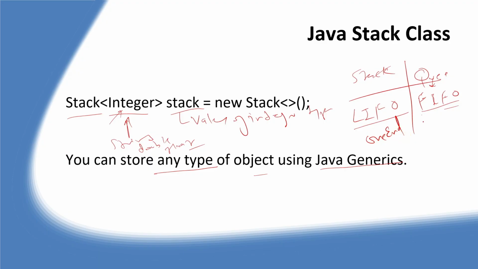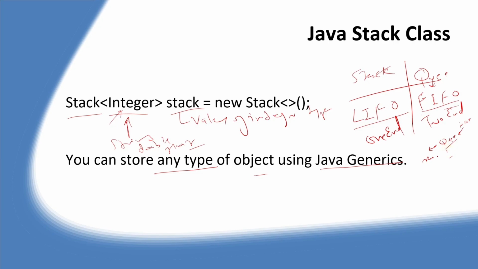Whereas in queue, it has two ends. Why? Because from the front, elements will get removed, and from the end, elements will get inserted. You can imagine a queue in any service. You are standing in the queue.